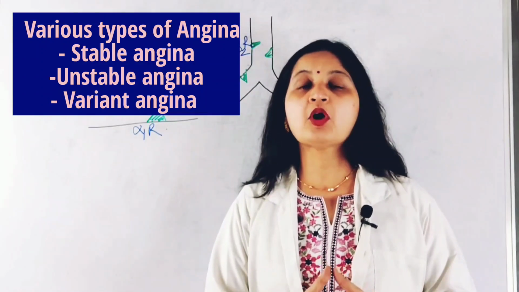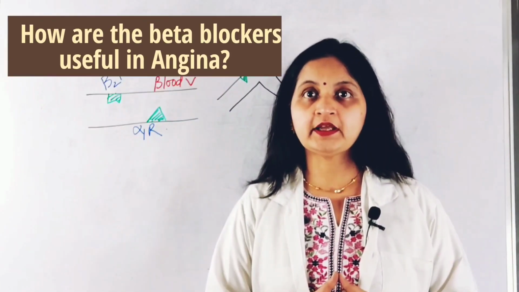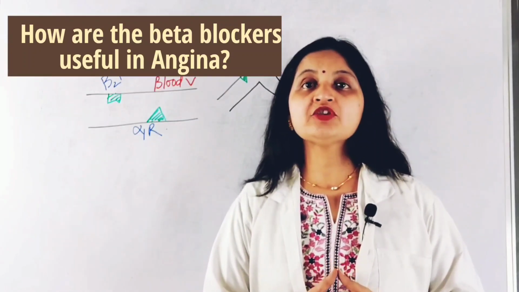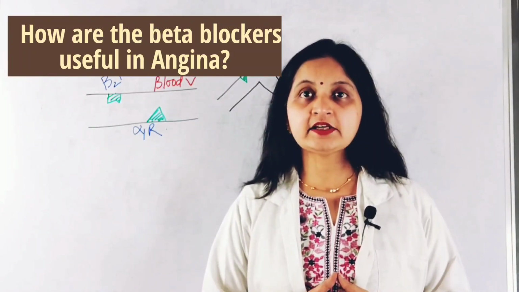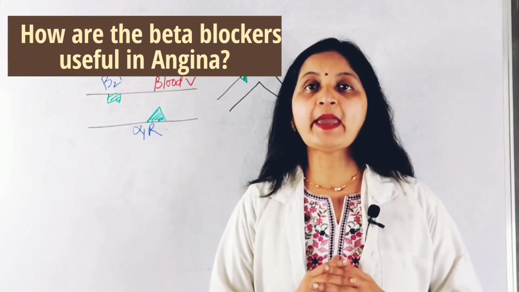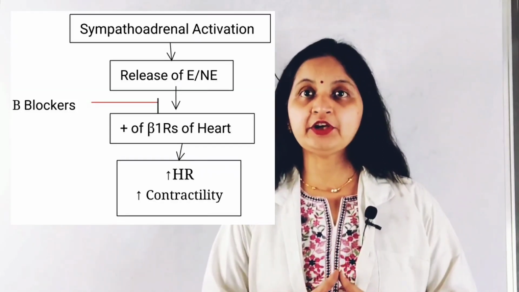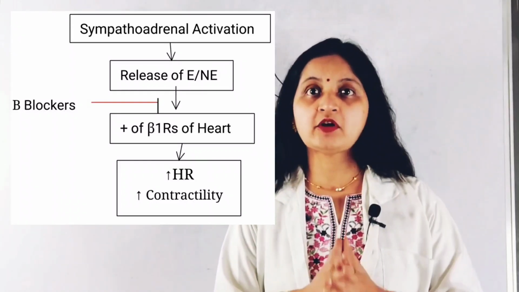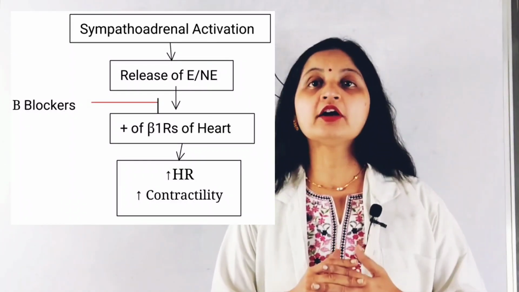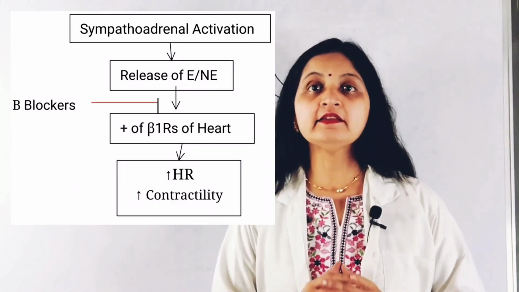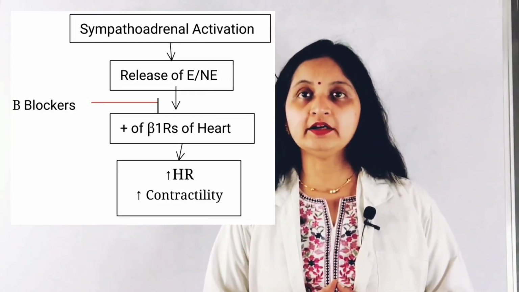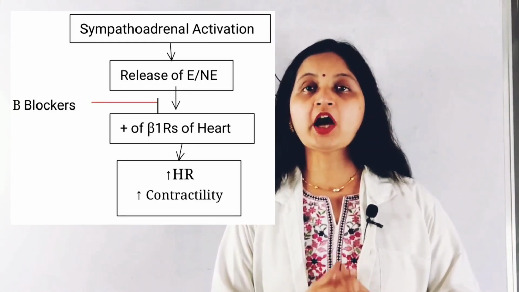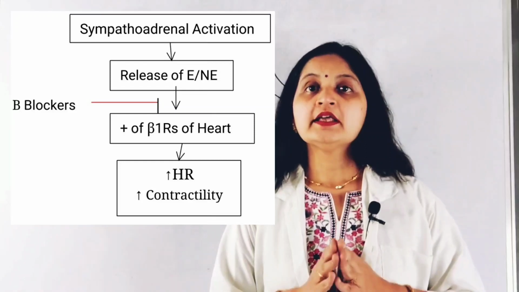So, how are the beta blockers useful in chest pain? As we know, stimulation of the sympathoadrenal system increases the release of epinephrine and norepinephrine into the circulation, which act on beta-1 receptors of the heart, increasing the heart rate and the contractility, thus increasing the workload on the heart and increasing the myocardial oxygen demand.